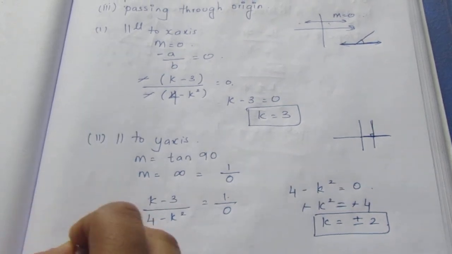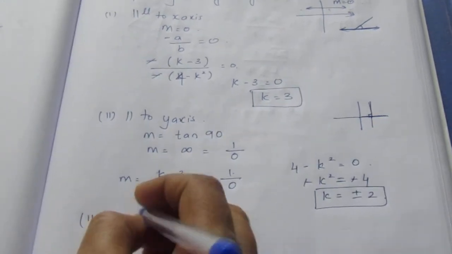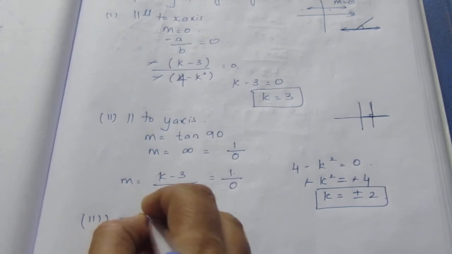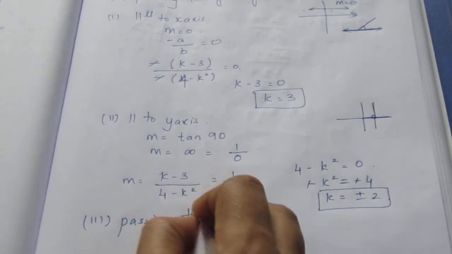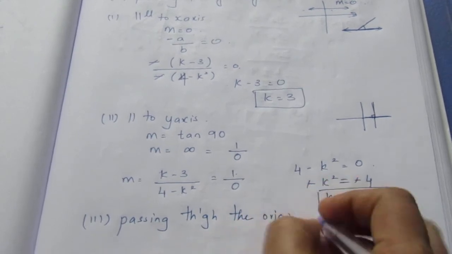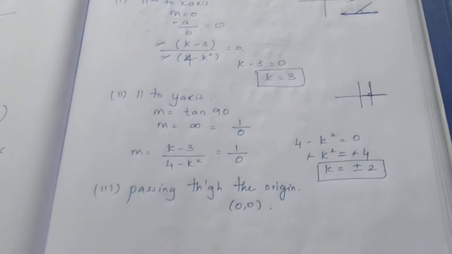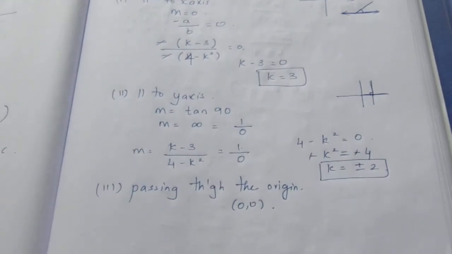Now for the third one, they have given passing through the origin. Passing through the origin means passing through 0, 0. Any line equation passing through 0, 0, we can directly substitute the value of 0, 0 into it.